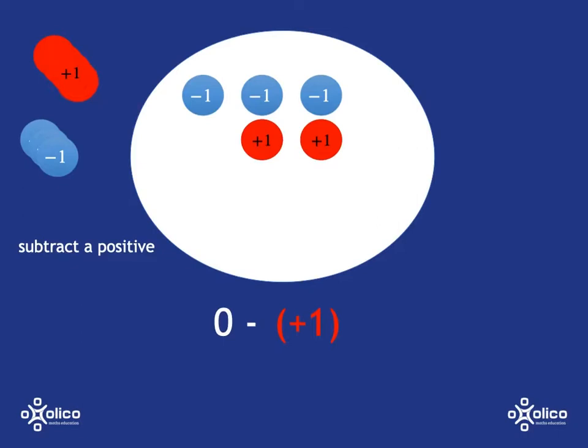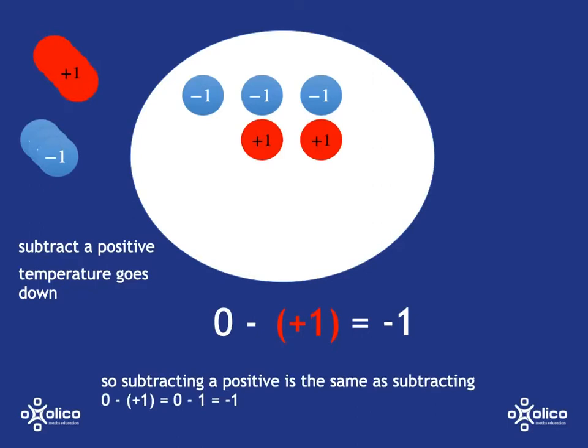Now, if we take out something hot from our pot, will the temperature go up or down? Well, if you've removed some heat, obviously the temperature is going to go down. So from 0, we will go down to -1. And so subtracting a positive is just the same as subtracting, going down.